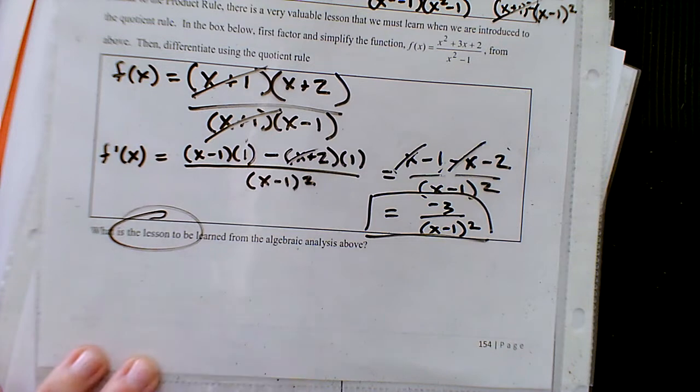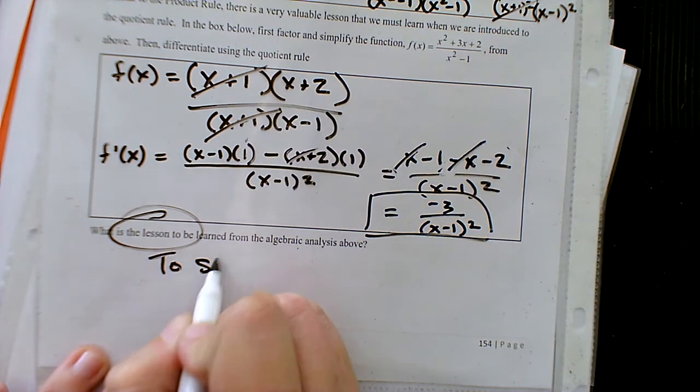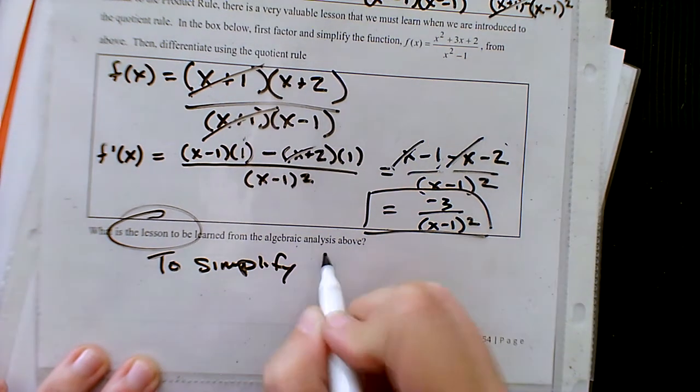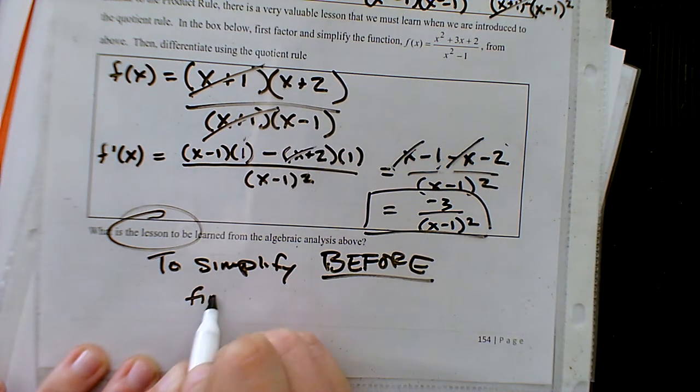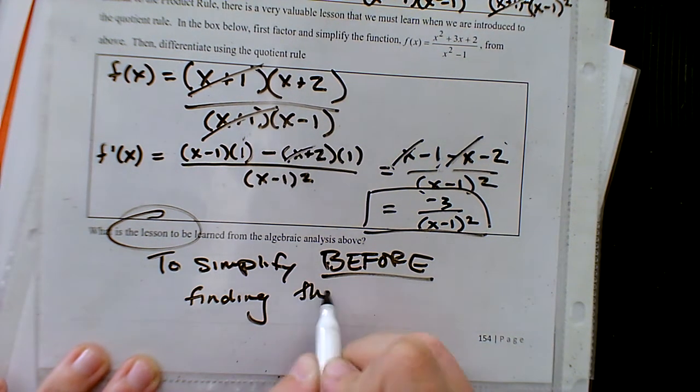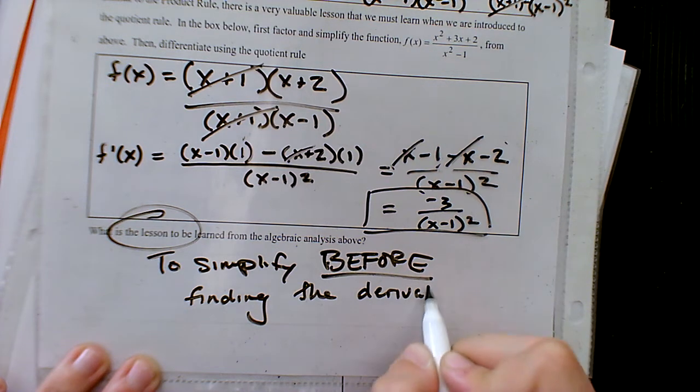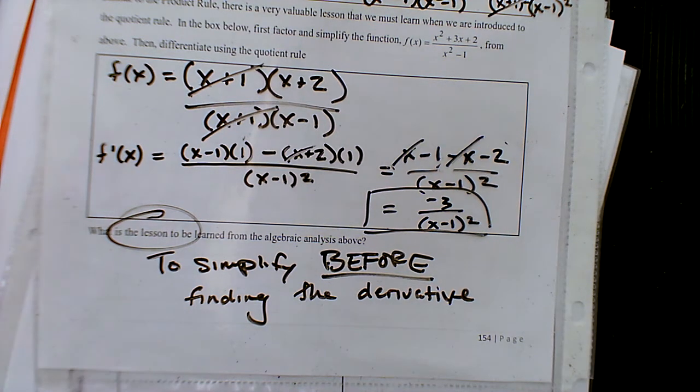So a little lesson to be learned is to simplify before finding the derivative. To rewrite it, make it something simple for you to actually use a derivative shortcut for. I'm just trying to make your life a little easier. Less algebra, less simplification. Try to do it before you find the derivative.